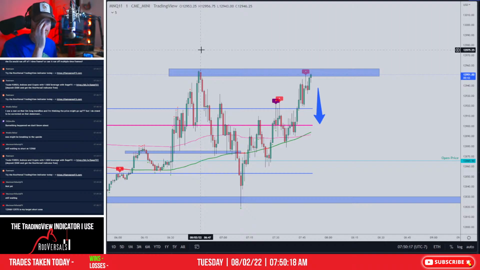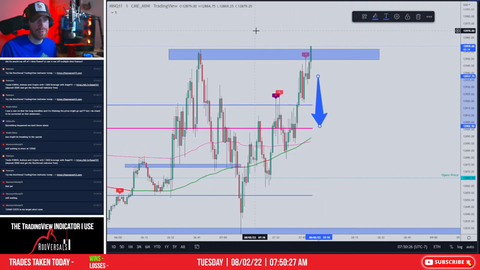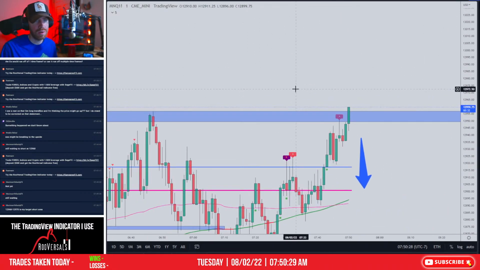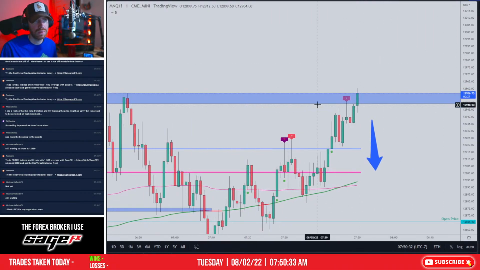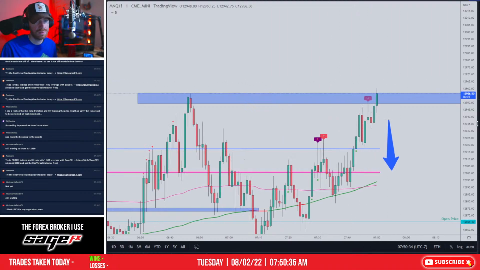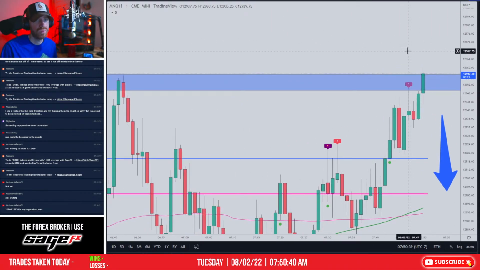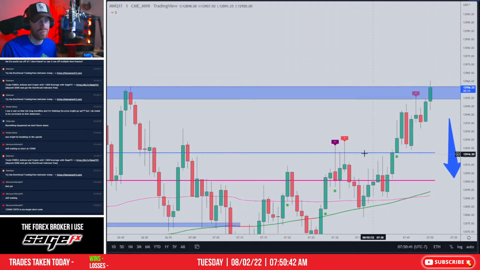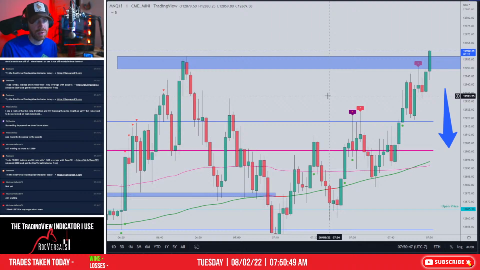Yeah, hopefully there's a nice wick candle here. 35 seconds for this candle close. It needs to go up more than close way down here. Moment of truth right here.